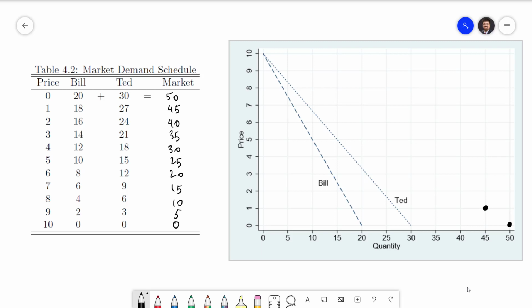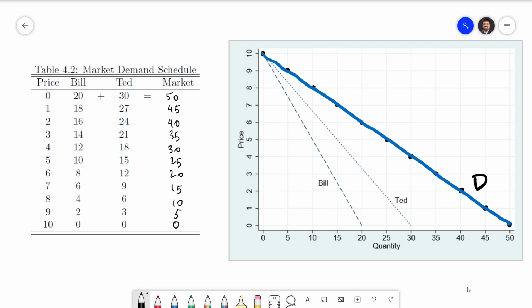At 1, we have 45, and so on. As before, I'm going to use a blue line to mark out our full demand curve. And I'll label that with a D for our market demand.